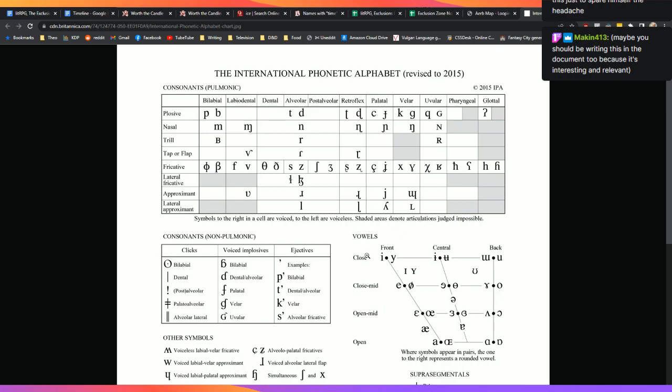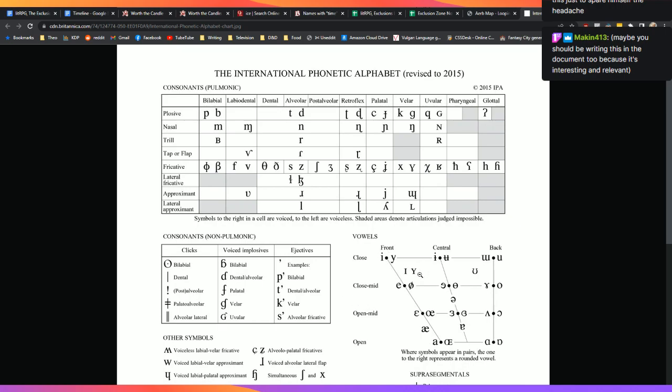But okay, so here's a second problem with this, which I haven't mentioned. This is just for humans. This is the shape of the human mouth right here. So this is the front of the mouth. This is the back of the mouth. This is where the mouth is closed, closed mid, open, and open mid. So this is the shape that your mouth makes and where the vowel sounds come from.